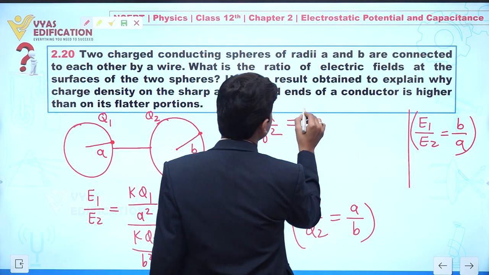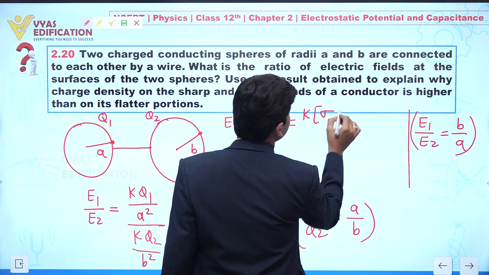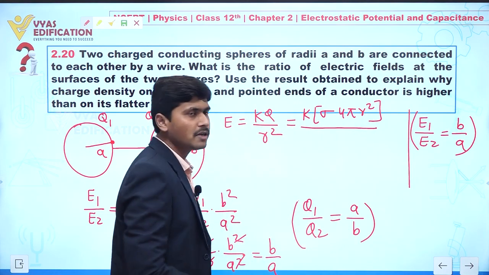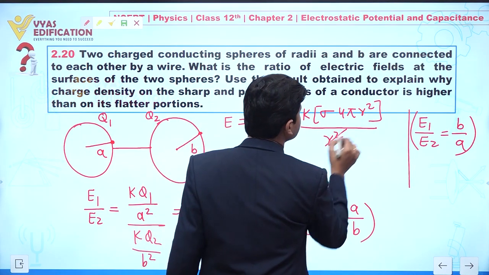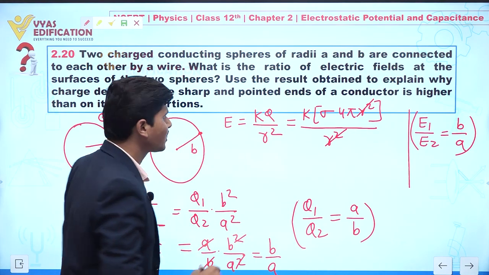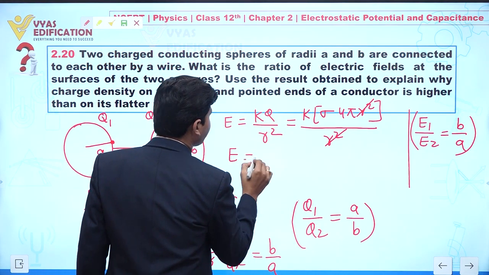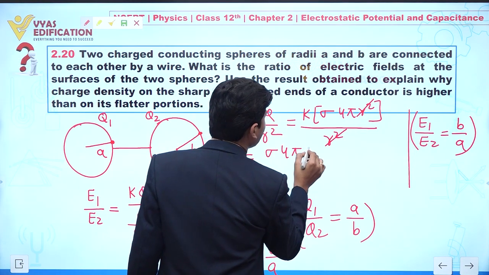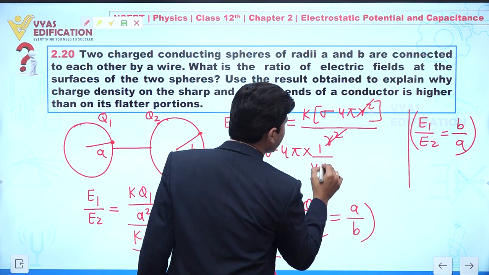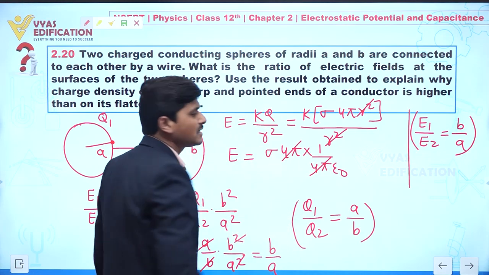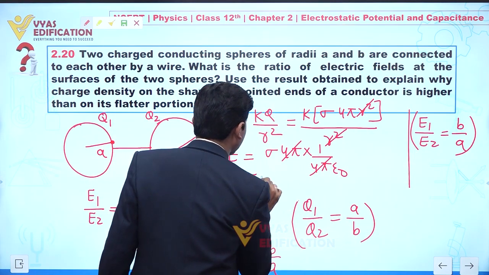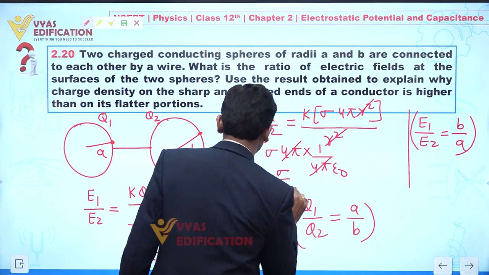Means we can write K multiplied with sigma 4 pi R square, whatever may be the radius of the sphere. This R square and this R square cancel out. So from here E is written as sigma 4 pi, and the value of K we can write as 1 over 4 pi epsilon naught. So E is written as sigma upon epsilon naught.